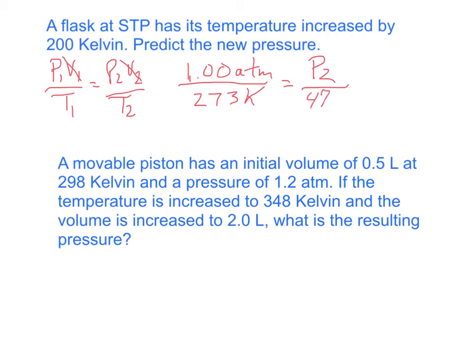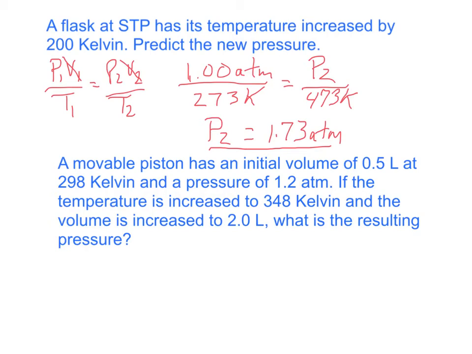So 473 Kelvin. Solve for P2. We multiply both sides by 473, and we find that X equals 1.73 atmospheres. This makes logical sense, because if you increase the temperature, you expect the pressure to go up. If you get an illogical answer, check your math. You might have multiplied instead of divided, or vice versa.